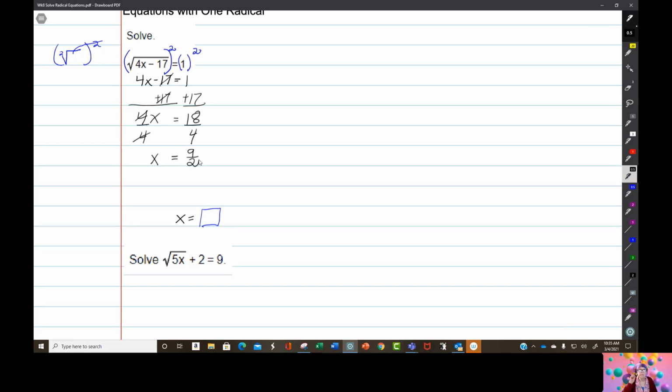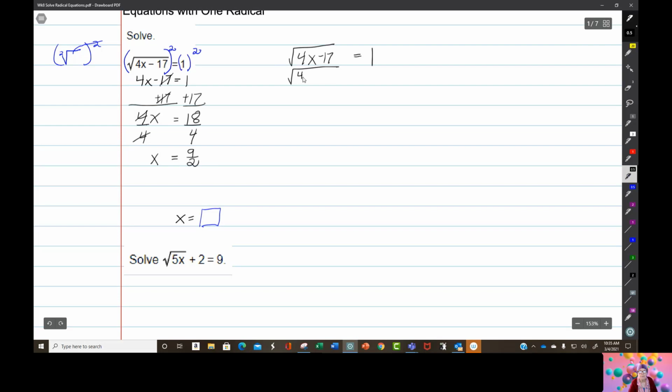So you have to be careful to always check your answers, and that's what I'm going to do. Go back to the original equation, the square root of 4x minus 17 equals 1. And we're going to see if that's true. If x really does equal 9 over 2, I can put 9 over 2 in there.